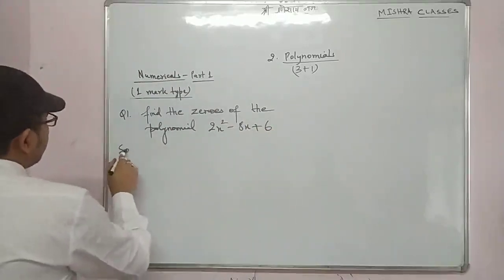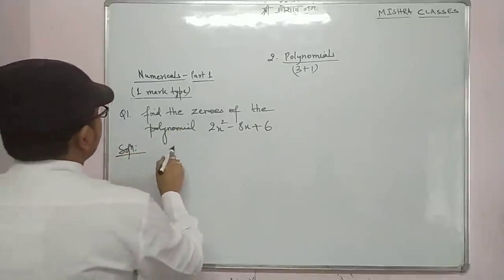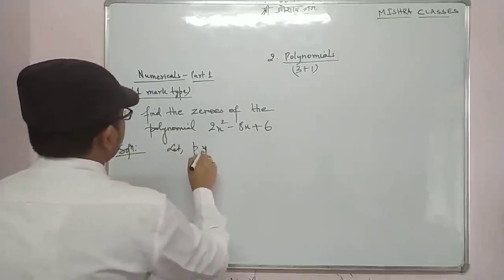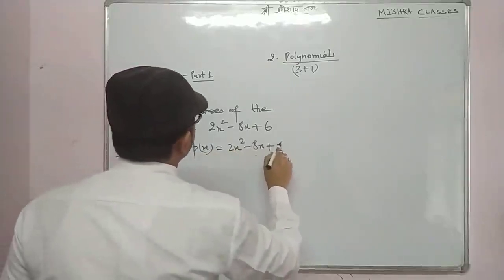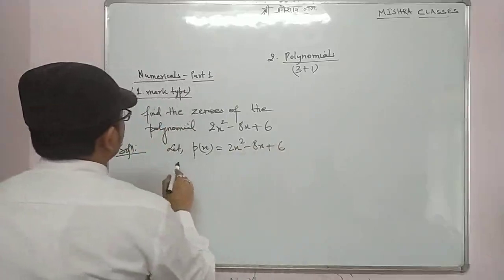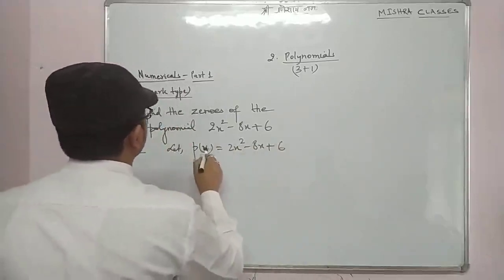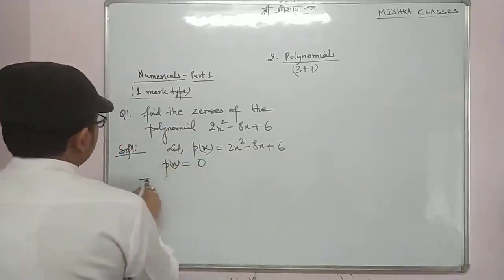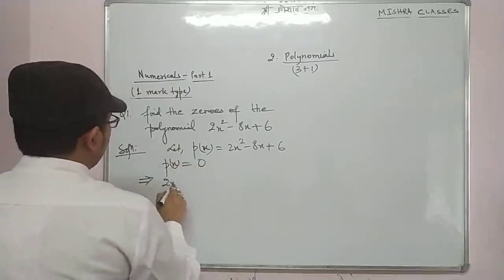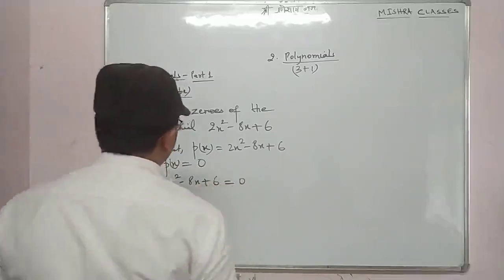Now how do we solve this? For finding zeros, first of all we write let p(x) equal to how much? 2x square minus 8x plus 6. So this is your p(x). So we write p(x) equal to 0, which implies 2x square minus 8x plus 6 equal to 0.